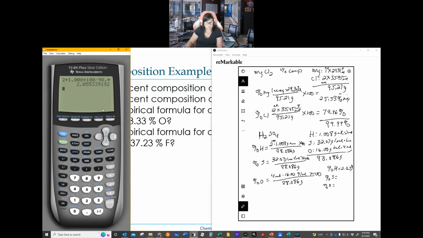So my S, we have that as 32.07 times 1 times 100 divided by 98.086, which gives me 32%. Roughly. And then 4 times 16 times 100 divided by 98.086. And that gives me 65.